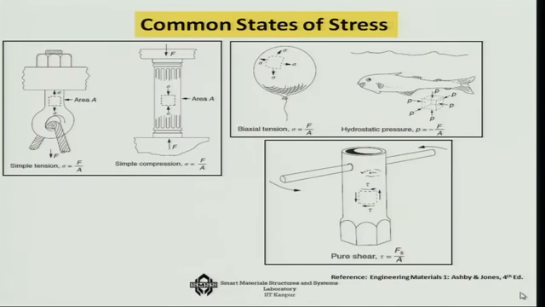Now, what are the other common states of stress? In your day-to-day experience, you must have seen simple tension in something like a copper cable, or something like pulley based systems. Or something like a column, where you will see a simple compression case.